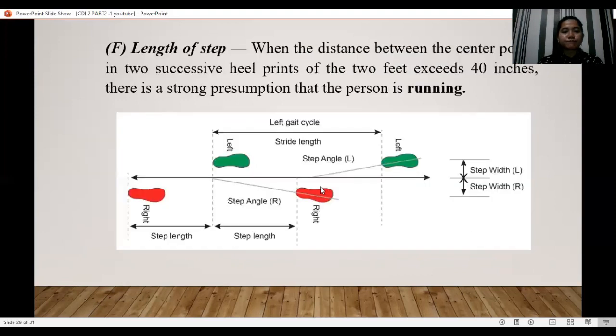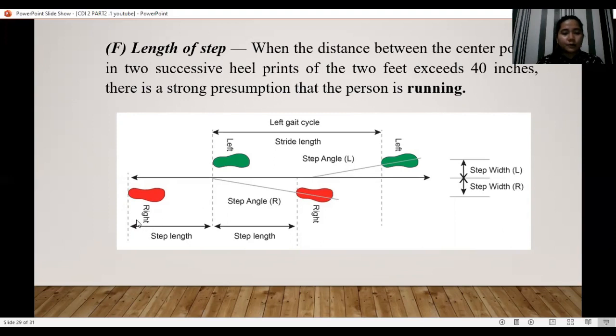So, next, we have the length of step. When the distance between the center points of two successive heel prints of the two feet exceeds 40 inches, there is a strong presumption that the person is running. So, nasaan ba yung length of step natin?